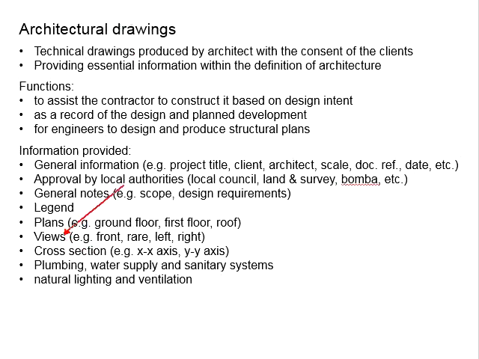There will also be views of the building, where at the minimum there will be views from all 4 sides, which are the front, the rear, that means the back of the building, the left and the right of the building. Sometimes they term it as front, rear, left, right.